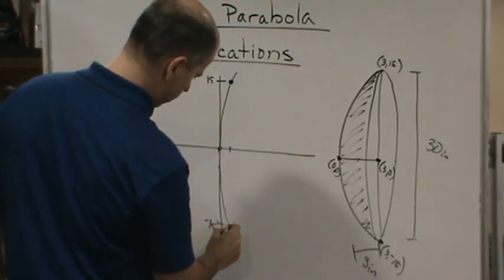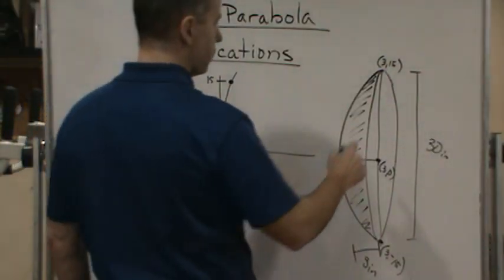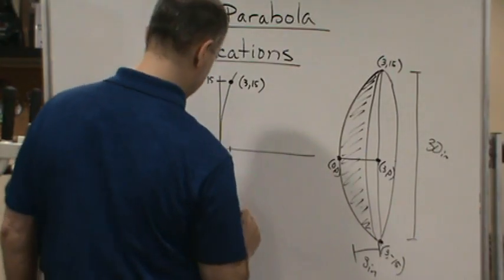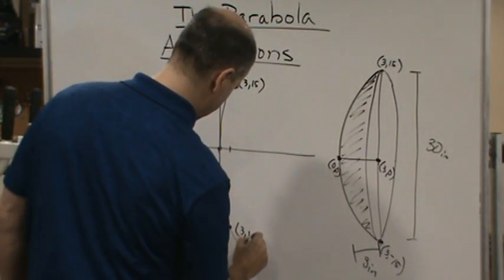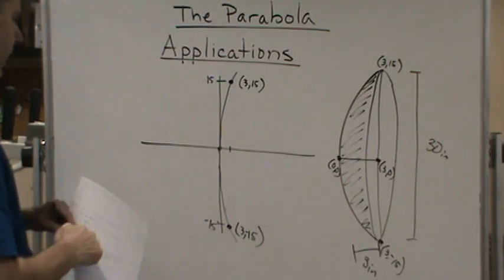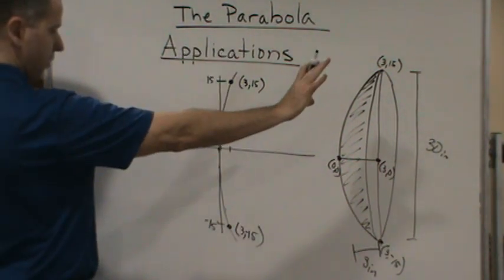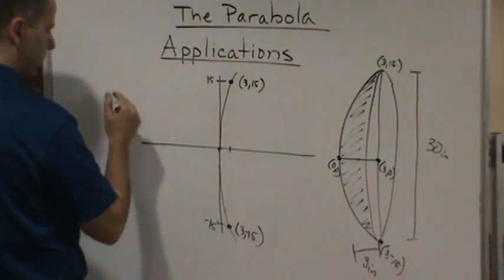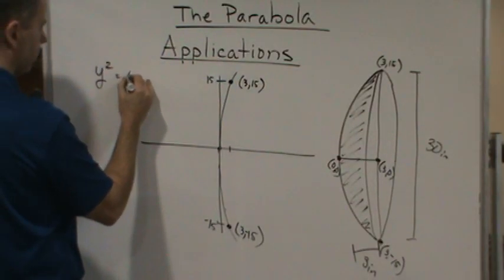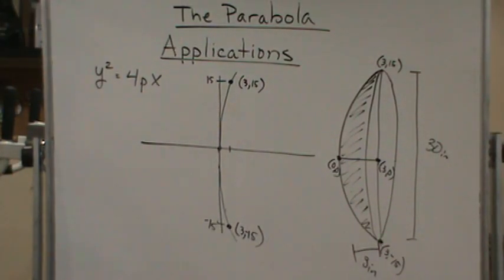Just as a graph. So we've got these 2 points, 3 comma 15, 3 comma negative 15. Okay, we know they lie on the curve, right? And then our formula, since it's opening to the right, it's going to be y squared equals 4px.